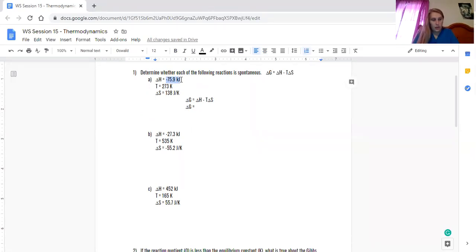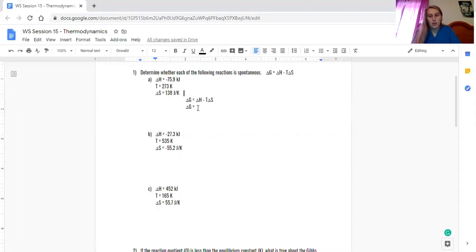But there is one problem, because if you look at it, you notice that we have this one in kilojoules and this one in joules per Kelvin. So those are going to have to be converted. I'm going to choose to turn this one into kilojoules, so I have to move our decimal over 3 times.